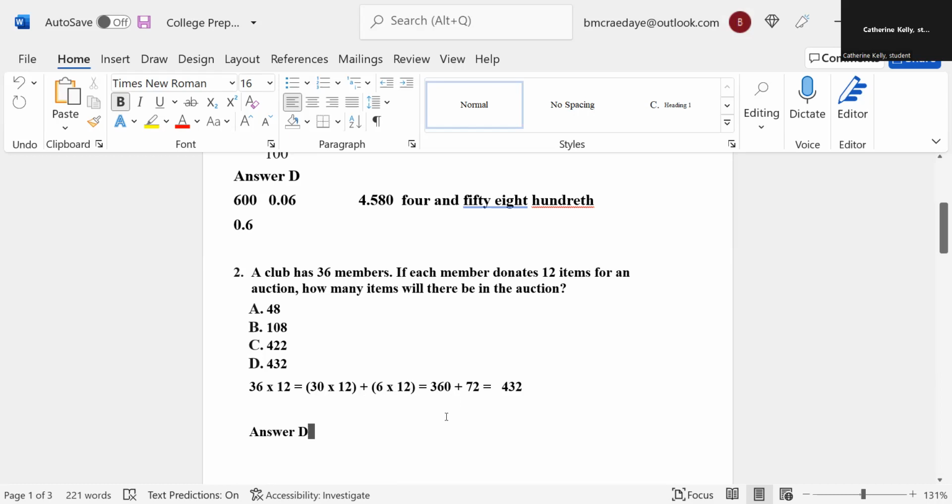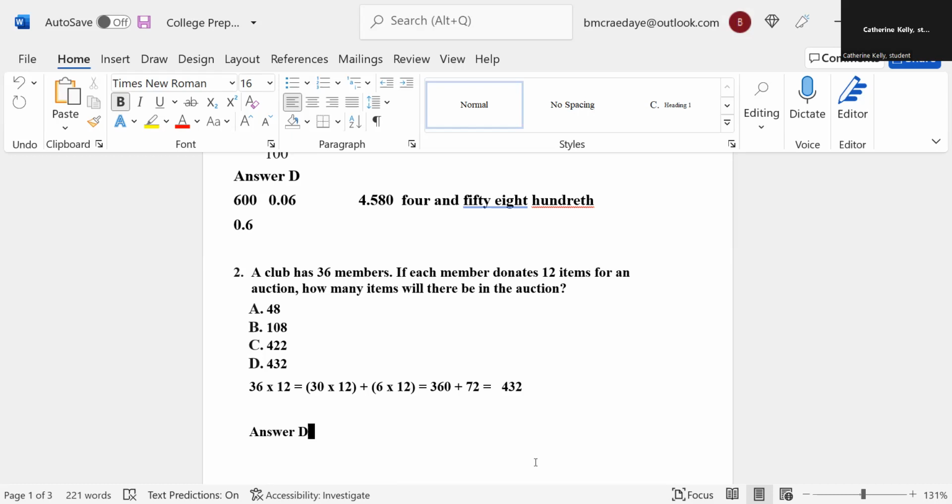And 6 times 12 is 72. So go back to your timetables because they save you a lot of steps. It helps you with your mental math, helps you see the math. Questions on number 2?